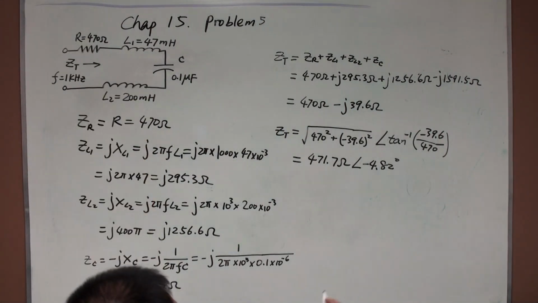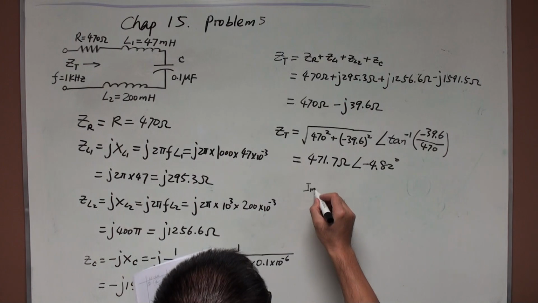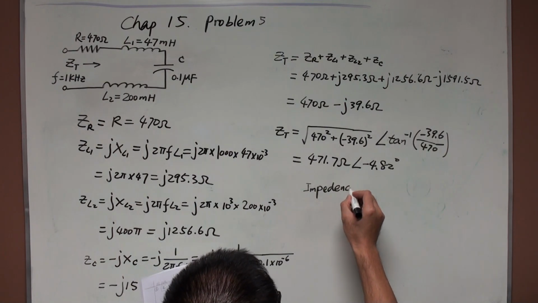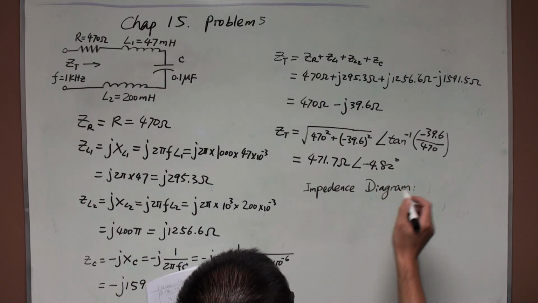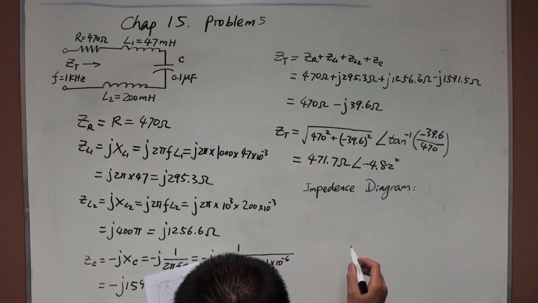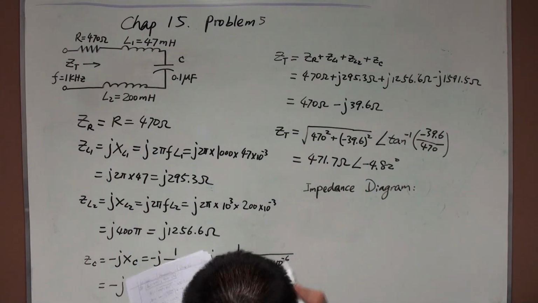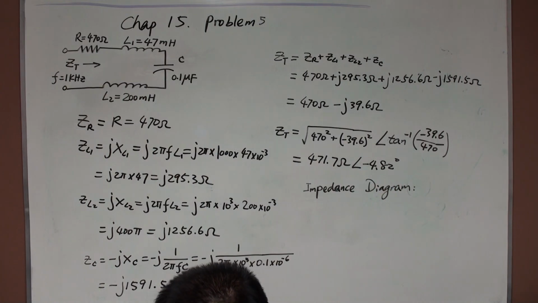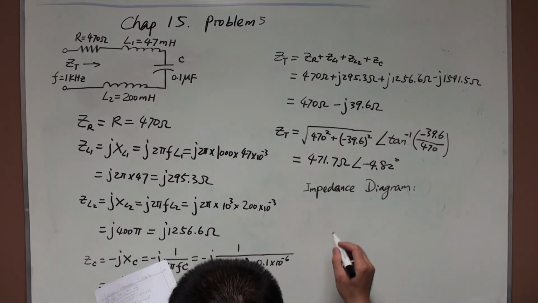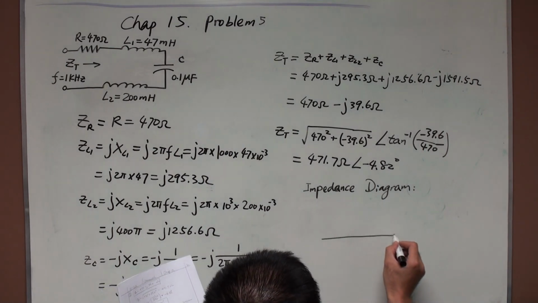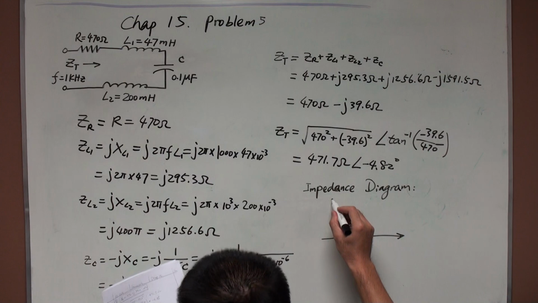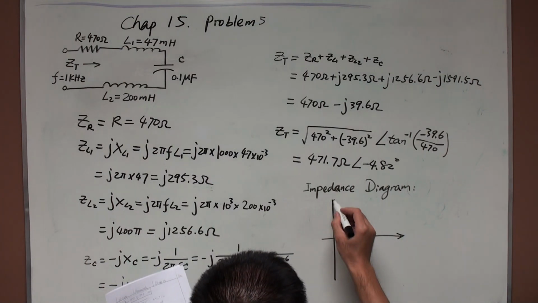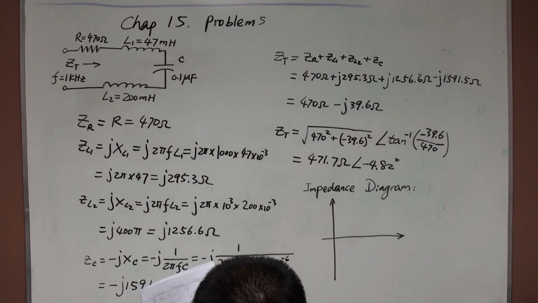So for the impedance diagram, the horizontal is for the real, and the imaginary is for the vertical.